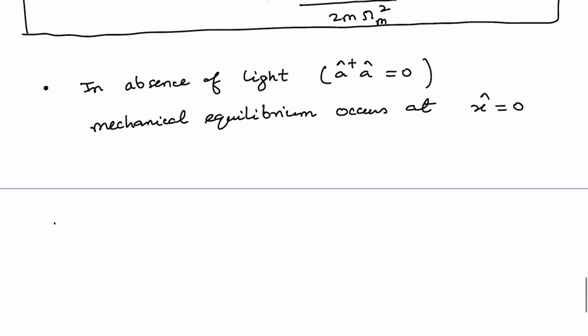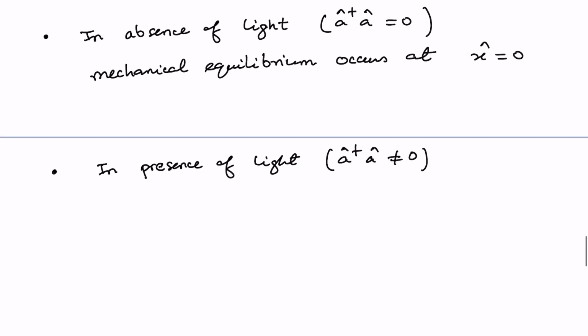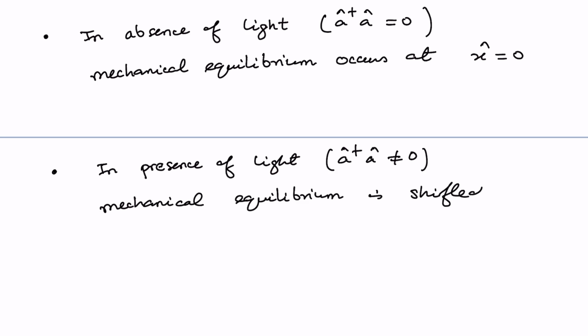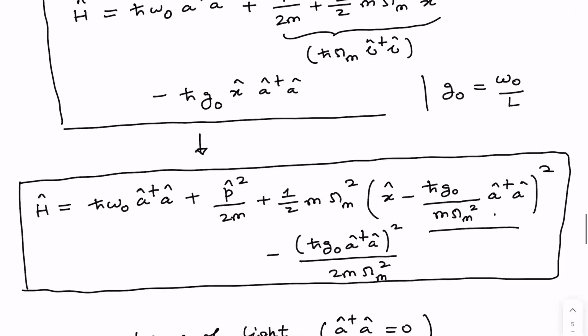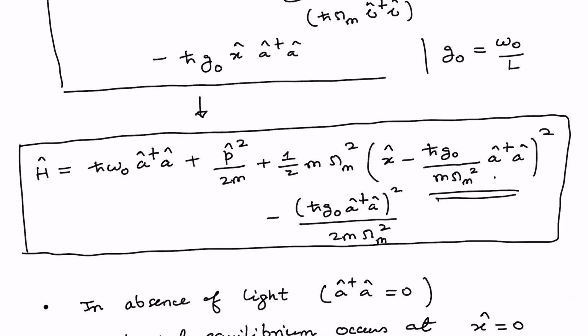On the other hand, in the presence of light, this mechanical equilibrium is shifted. You can easily see from this equation that the mechanical equilibrium is getting shifted from 0 to this point.